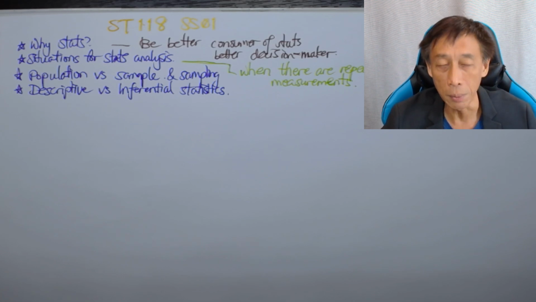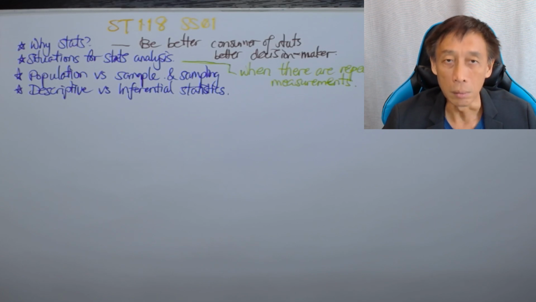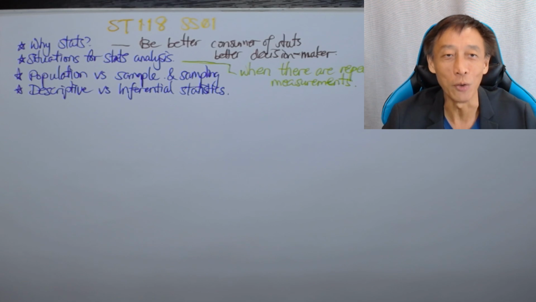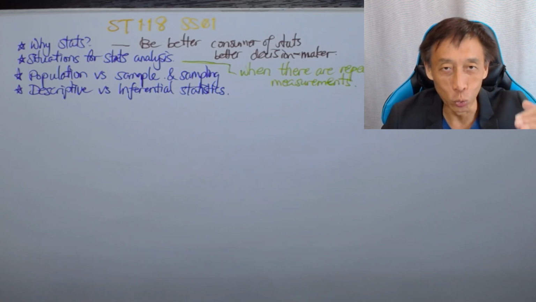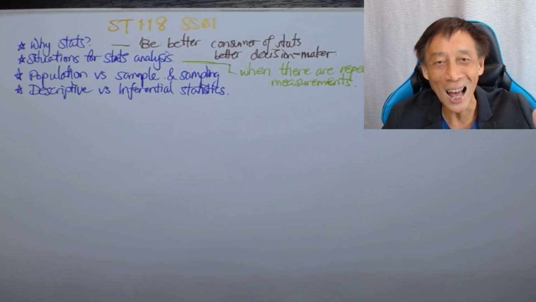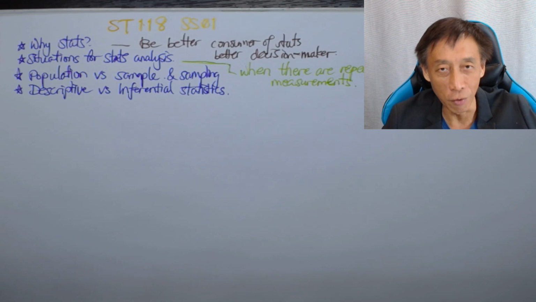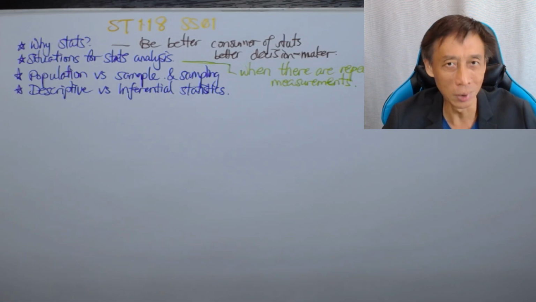So in this situation, as in the height of all individuals in Singapore, or the income of all individuals in Singapore, such cases generate a lot of data, and that is a hint, right? That is a hint that you have to do statistical analysis, almost for sure, because no one is going to browse through pages and pages of heights or information of each and every Singaporean and then say, okay, looks good.